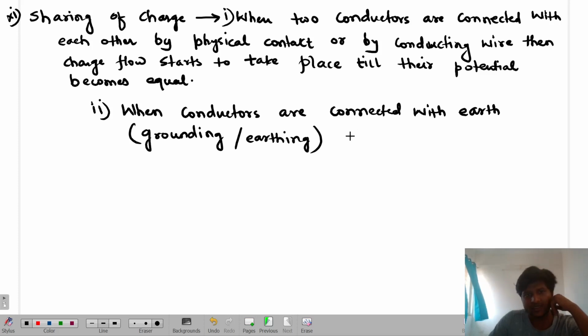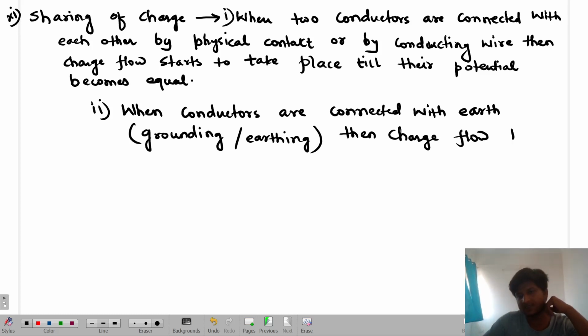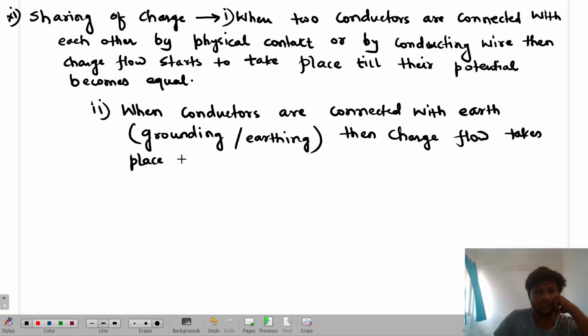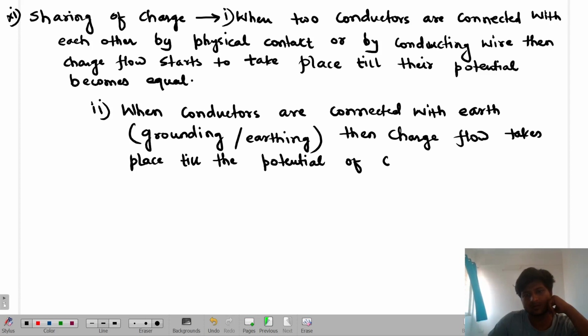So then once again the charge flow will happen. When the conductors are connected with earth, charge flow takes place till the potential of the conductor becomes zero.